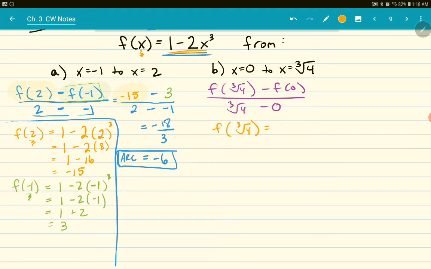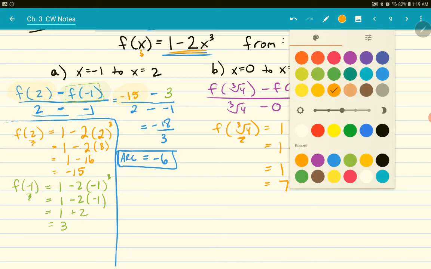So my function is still 1 minus 2 times x cubed, and now my x is this thing, which is the cubed root of 4. So when I simplify that, I get 1 minus 2 times the cube and the cubed root cancel each other, and I'm left with just the 4, which gives me 1 minus 8, which gives me a 7.